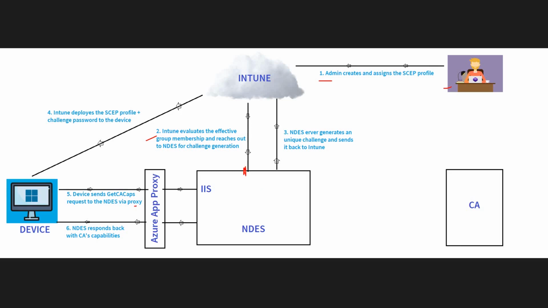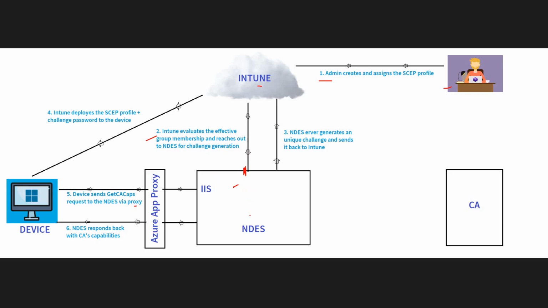In the NDES server, we installed something called the Unified Intune Connector, and we logged into the Intune Connector using a global admin credential from our Intune tenant. Now, once that was done, the Intune service knows where the NDES server for this tenant is. And that is how Intune knows how to reach out to the NDES server in step 2.